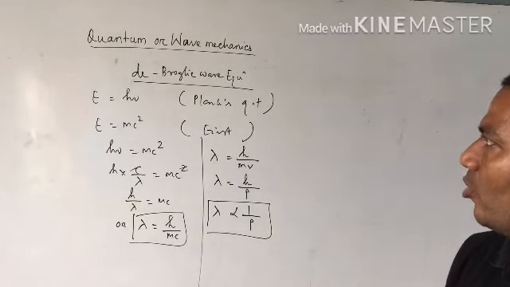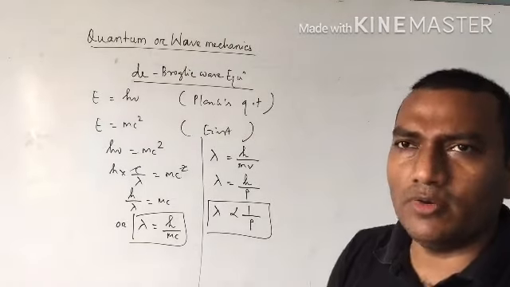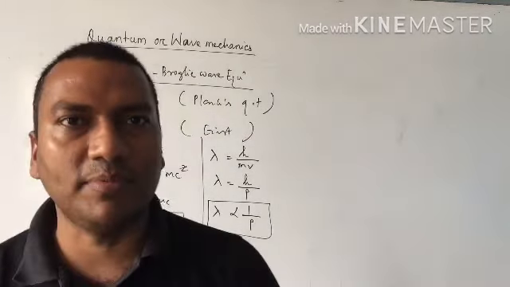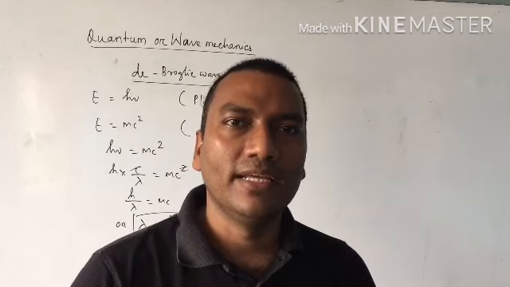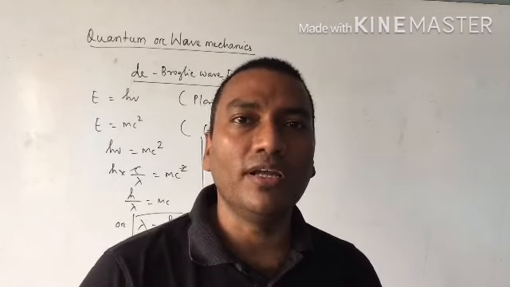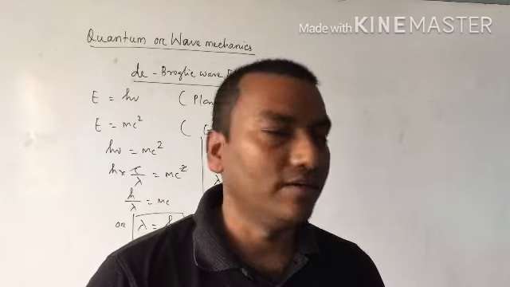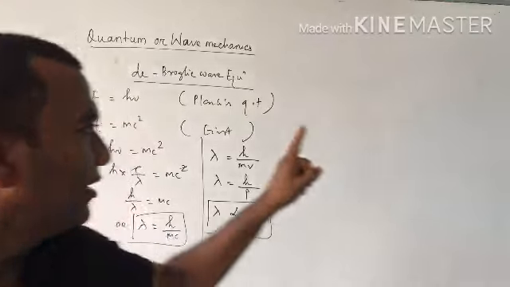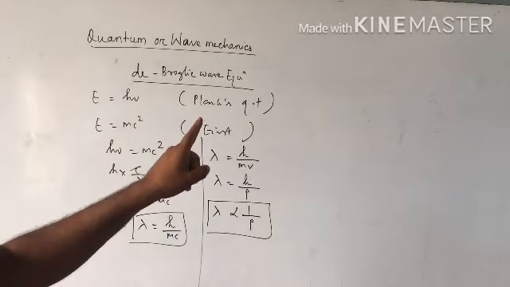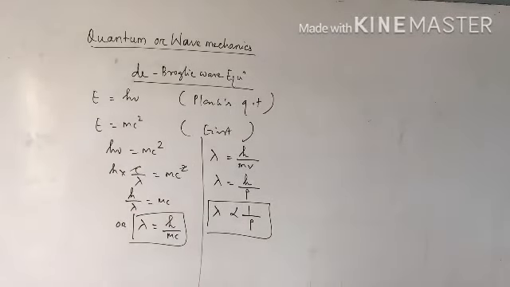P is what? Momentum. This de Broglie concept is applicable only for microscopic particles, but it is not applicable for macroscopic particles. Understood?